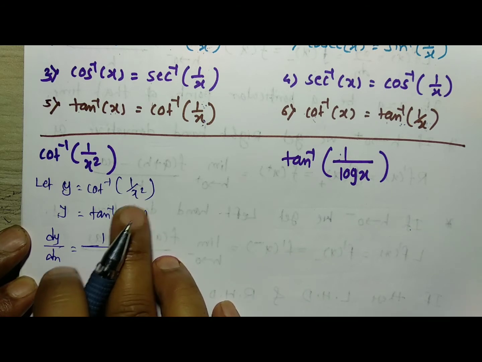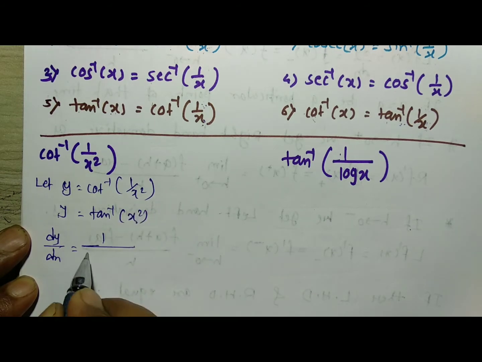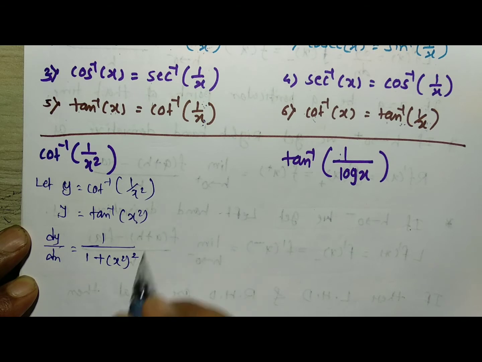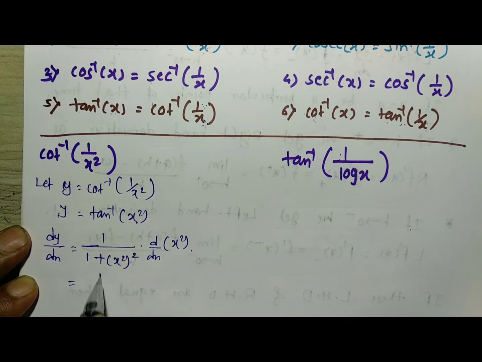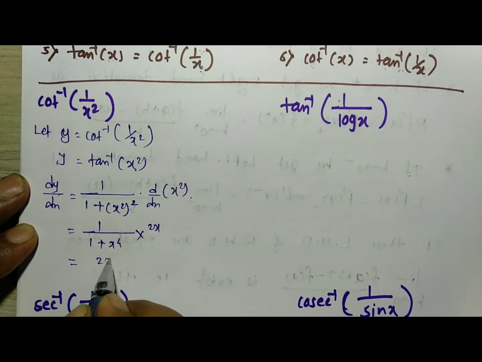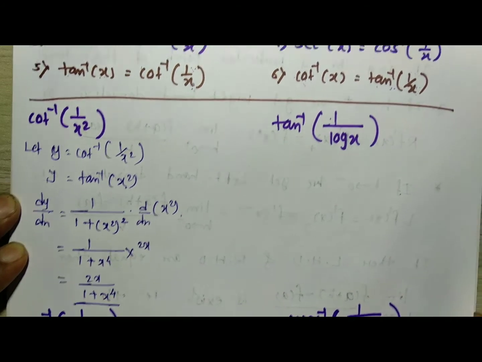That means here x is x square, so 1 divided by 1 plus x square raised to 2 into the derivative d/dx of x square, and therefore 1 divided by 1 plus x raised to 4 into x square having derivative 2x. Therefore you will get the answer 2x divided by 1 plus x raised to 4, and this is the derivative of that function.